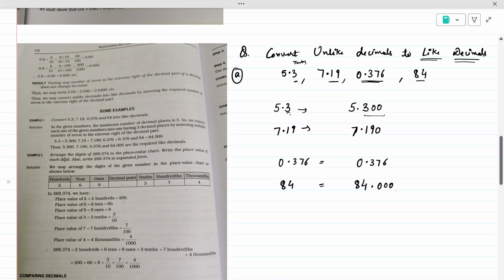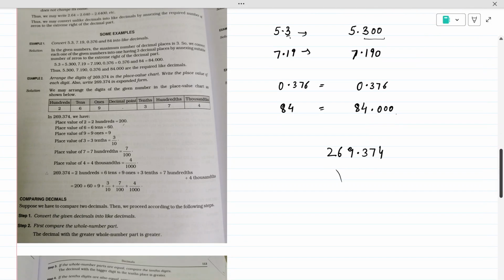Next, we have to arrange the digits of a number. We are given the number 269.374. We have to arrange it in a place value chart, which we have learnt already. So let's do this fast. 9 is at the 1's place, 6 is at the 10's place, 2 is at the 100's place. Then this is the decimal point.